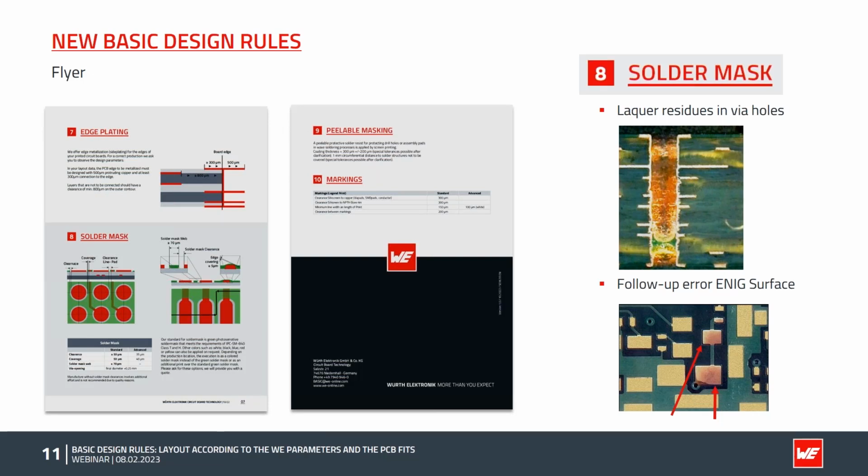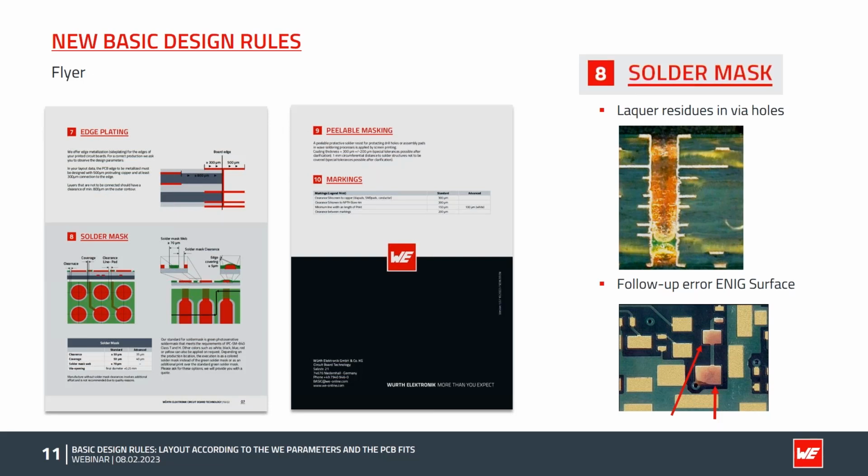So let's have a short look at solder mask, and the question is, why are vias exposed in the solder resist, in the solder mask? So on the right side, you can see a cross-sectional picture showing residues in a via hole. This comes from the application of the solder mask, and if we cannot really clean this barrel from solder mask, that might cause some issues.